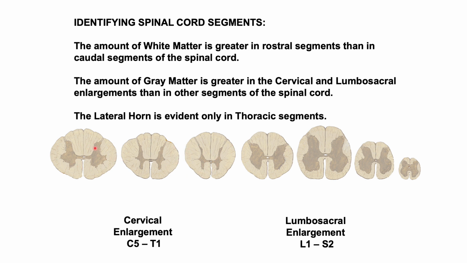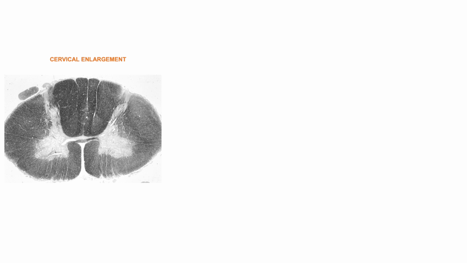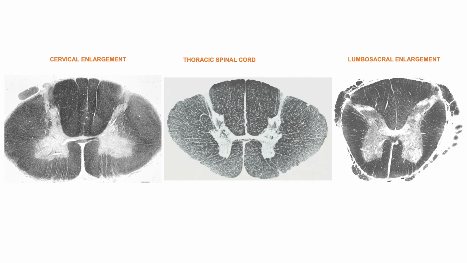Then this is the cervical region. Observe the very big ventral horn. So a similar trend follows in this. So this is the cervical enlargement with a large ventral horn, and then thoracic with a small ventral horn but with a lateral horn. Then you have the lumbosacral enlargement.